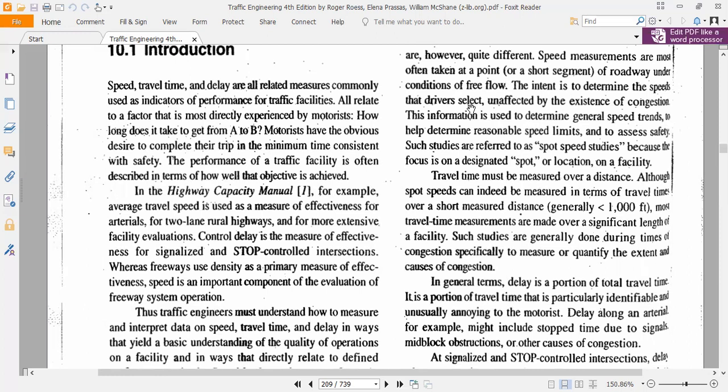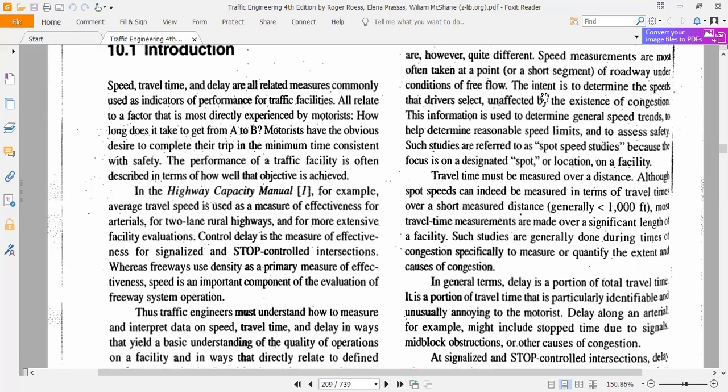If you have a road, for example, Ring Road, and for some time you just allow the through traffic to move, stopping the traffic at all the roundabouts and intersections, then in that case the drivers will try to attain free flow speed.